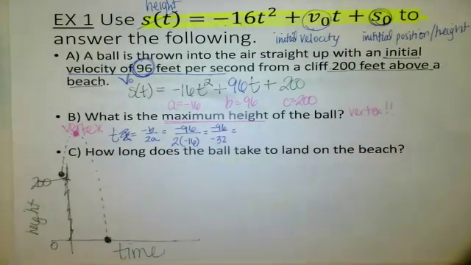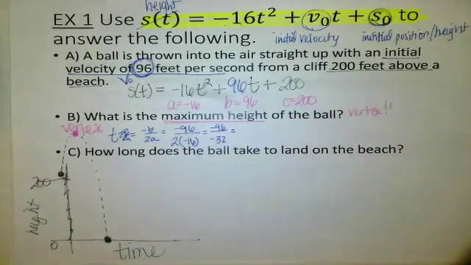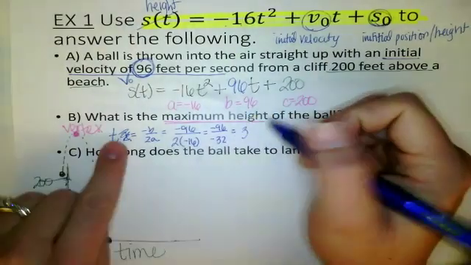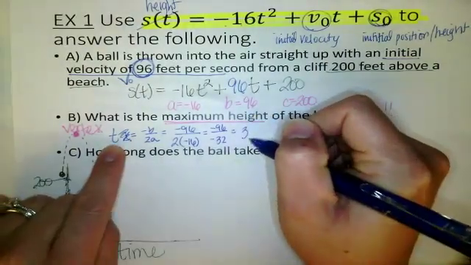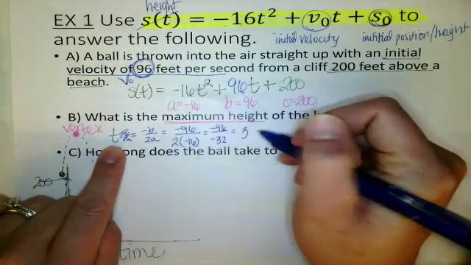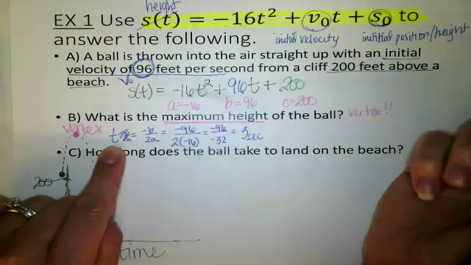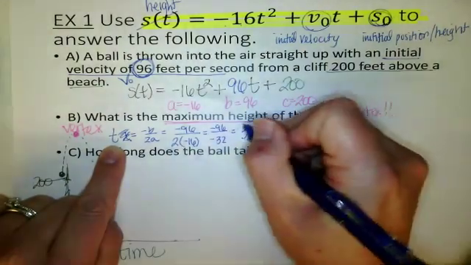You need to use your calculator. So get out your calculator and give me decimal answers. What do you get when you divide? 3. We're solving for t, so what are the units then? 3 seconds. Very good. All right, so there's 3 seconds.